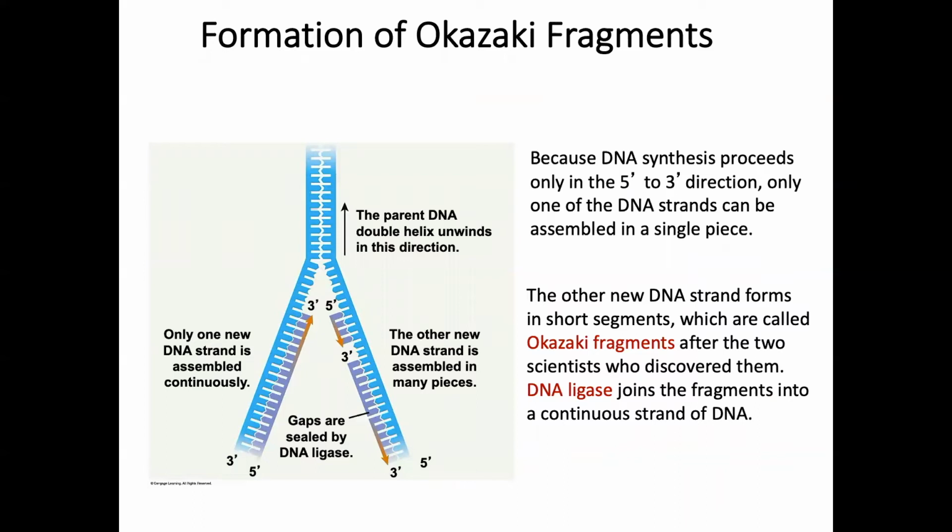Because DNA synthesis can proceed only in the 5' to 3' direction, only one DNA strand can be assembled in a single piece. For the other strand, newly synthesized DNA is made in short segments and linked together by the enzyme DNA ligase. These short segments are called Okazaki fragments, okay?